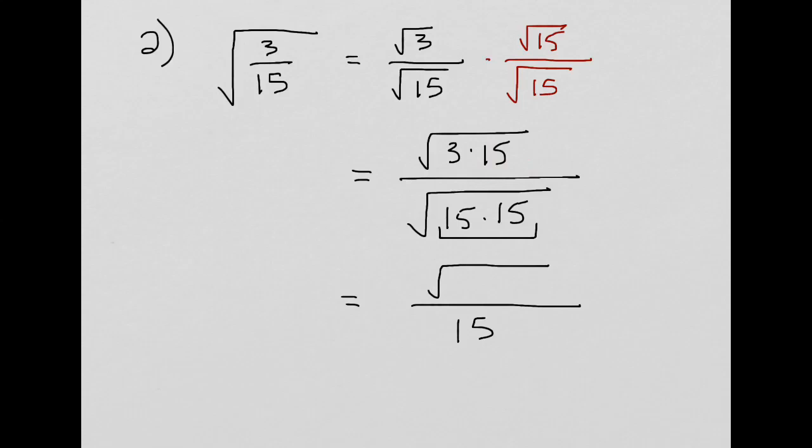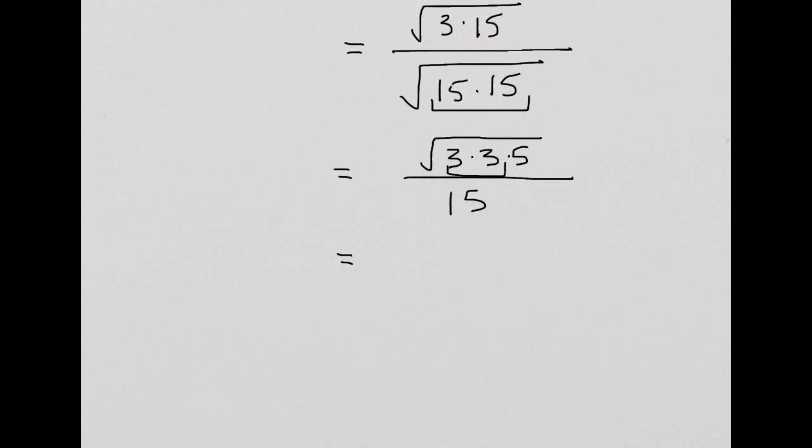So I'm left with the square root of 3 times 5 when I factor out the 15. And then notice there I can pull out a 3 because I've got 3 times 3. So for every 2 factors, I can pull 1 out. So I can pull out a 3. And then what's left underneath is a 5. On the bottom, I still have 15.